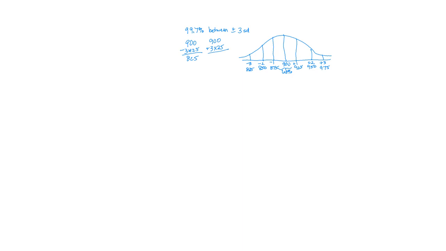So approximately 99.7% of the prices are between 825 and 975. And basically that's all there is to the empirical rule.